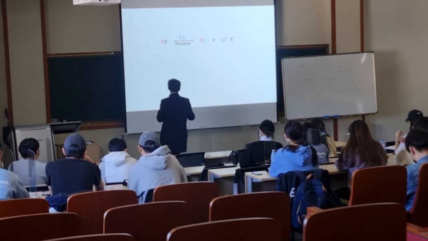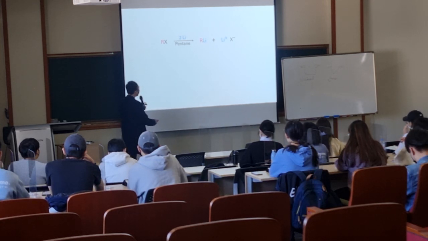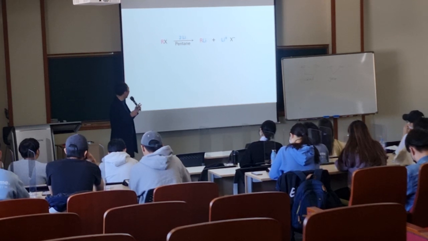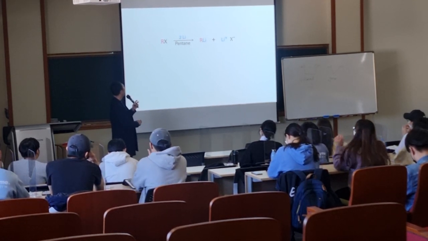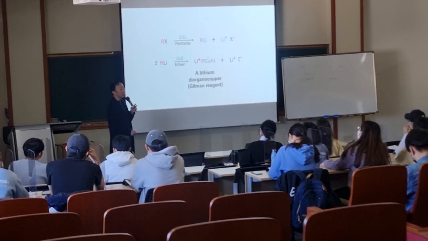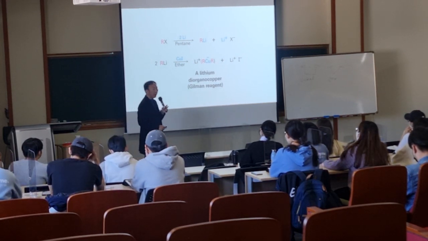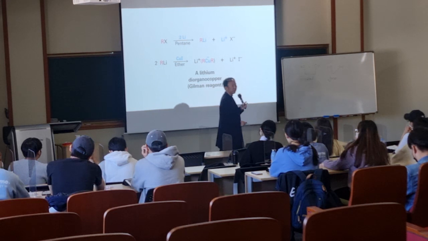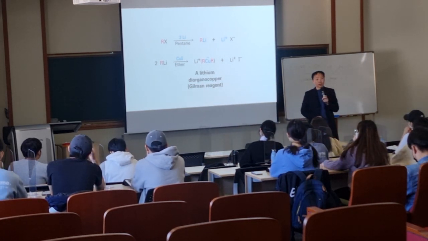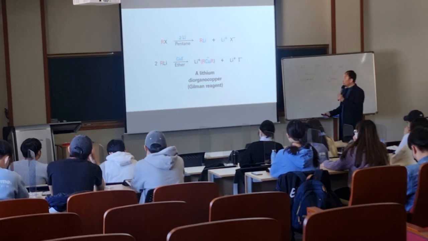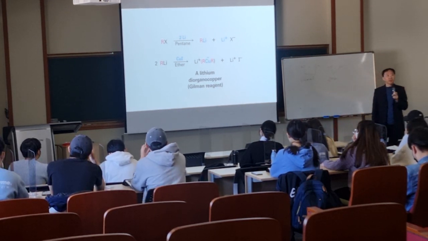Then it forms this R-Li or RMgX reagent. This is a hard nucleophile, and once you make this lithium reagent, you further add a soft, heavy metal halide, copper halide. Then they exchange and form this kind of reagent.